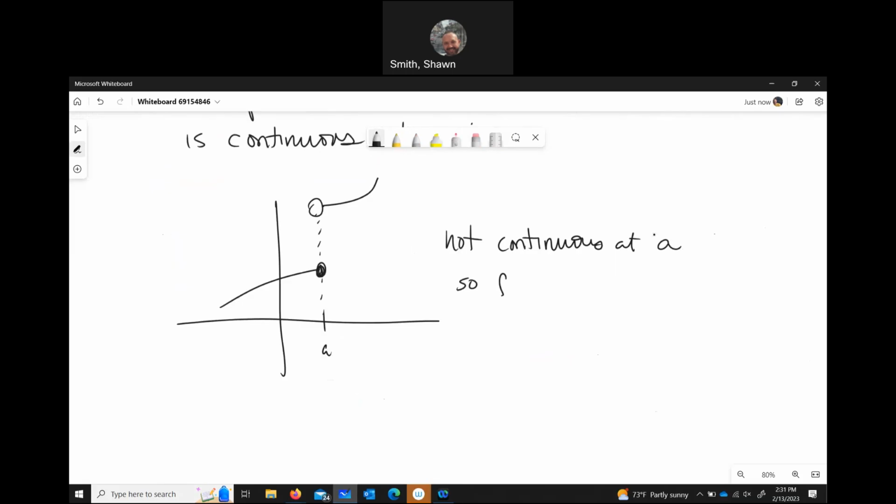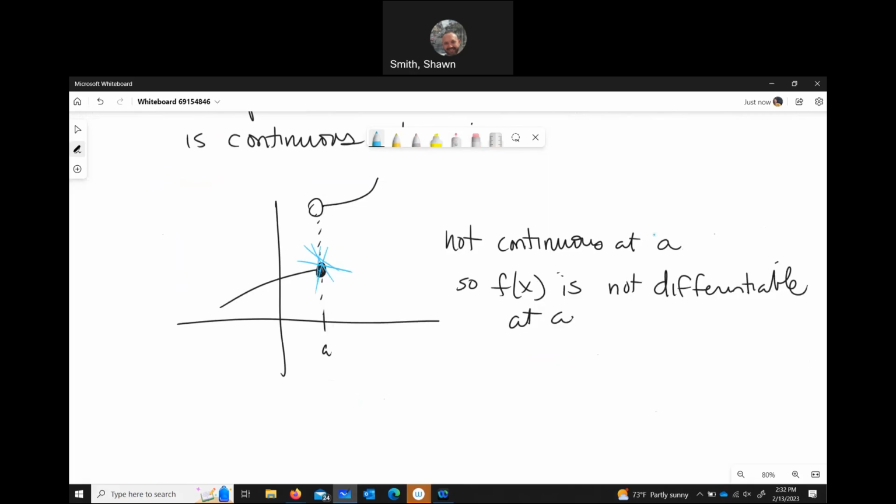So f of x is not differentiable at a, right? Again, think of that idea of trying to put a tangent line on this. You put a tangent line on this point or on this point that really doesn't even exist, this tangent line can wobble, right?